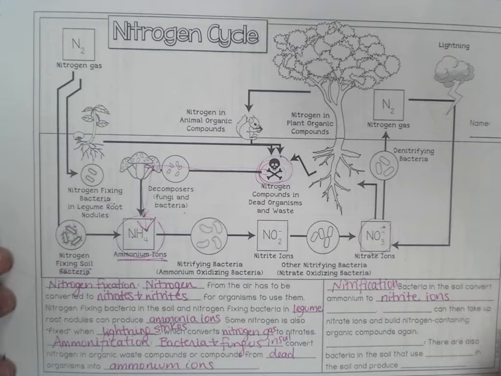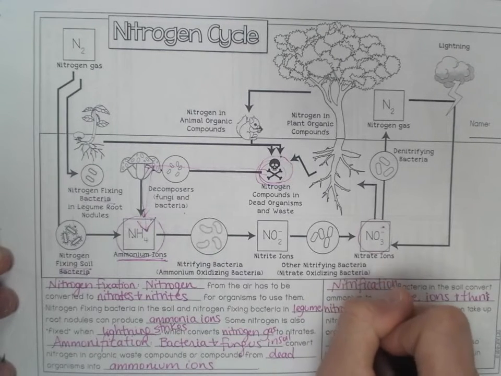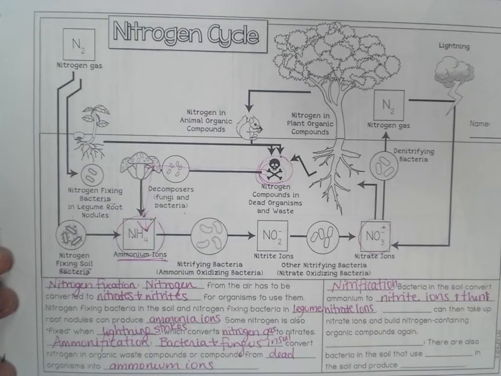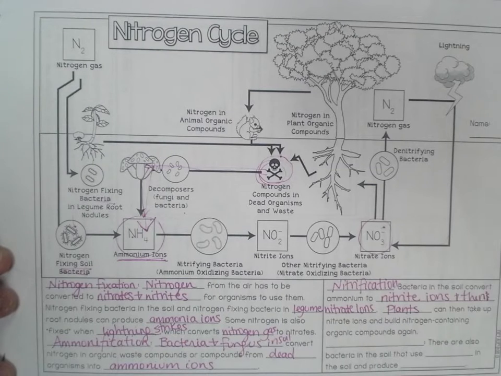And then nitrate ions. Plants can then take up nitrate ions and build nitrogen-containing organic compounds again.